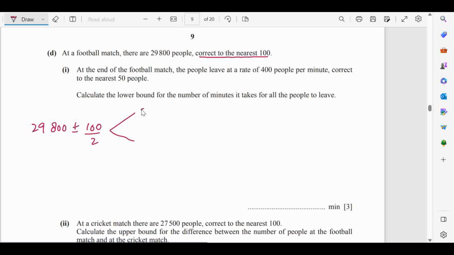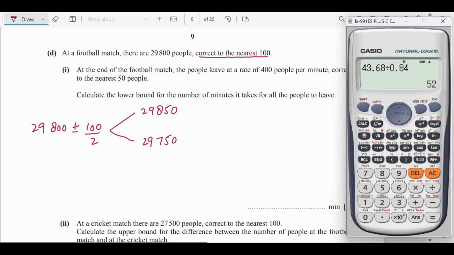So the upper bound will be 29,850 and the lower bound will be 29,750. Yes, we can check it using this one. 29,800 minus 50 will be equal to this one.